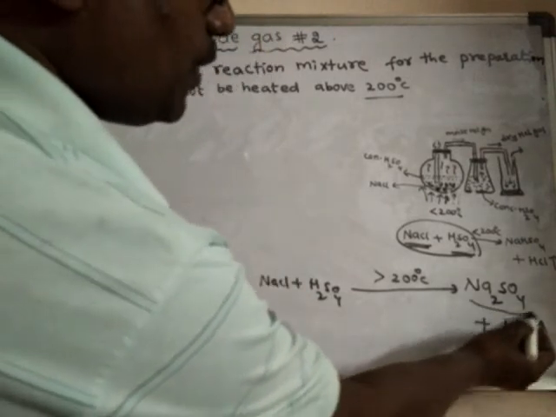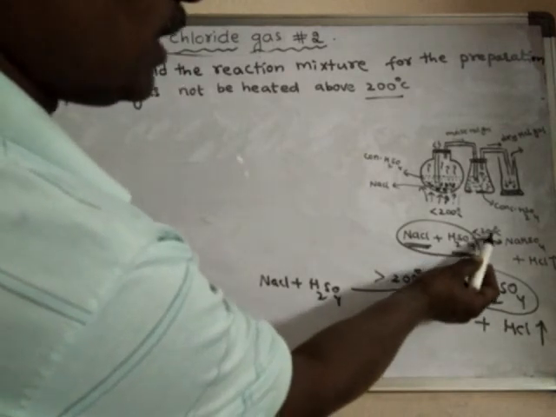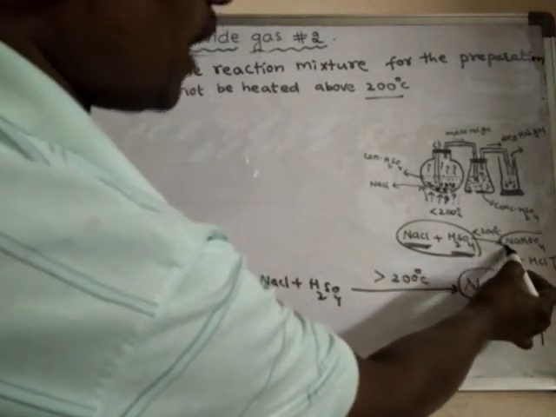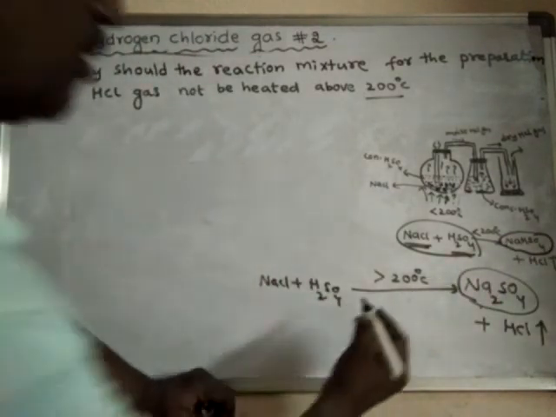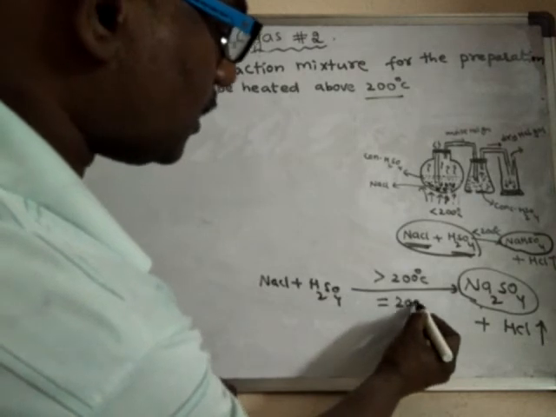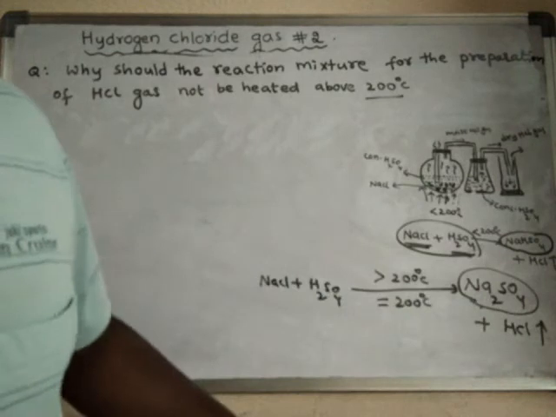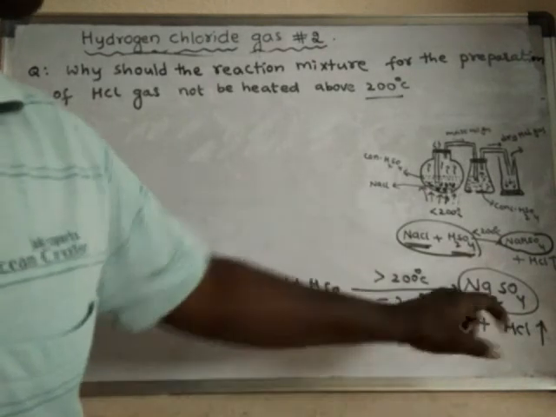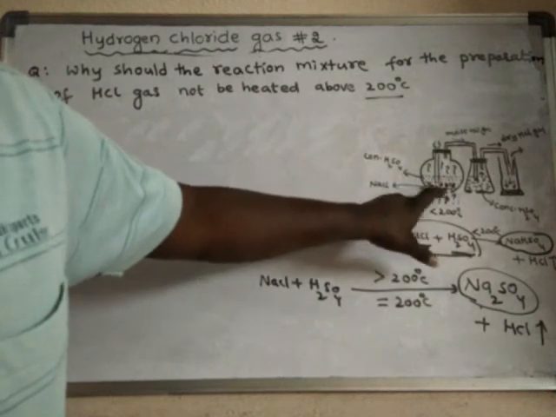If you heat below 200 degrees centigrade, it forms sodium hydrogen sulfate. But if you heat above 200 degrees centigrade, or at equal to 200 degrees centigrade, then it forms sodium sulfate. Remember that sodium sulfate should not be formed in this mixture.